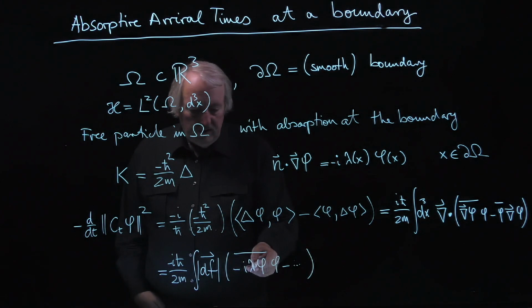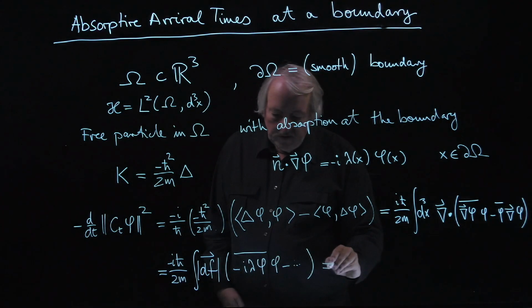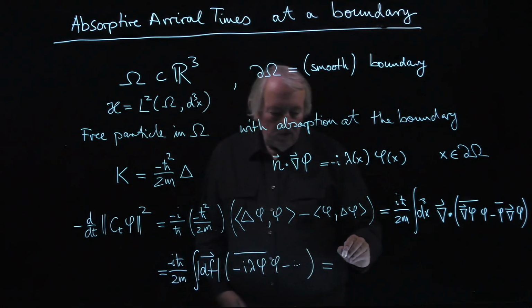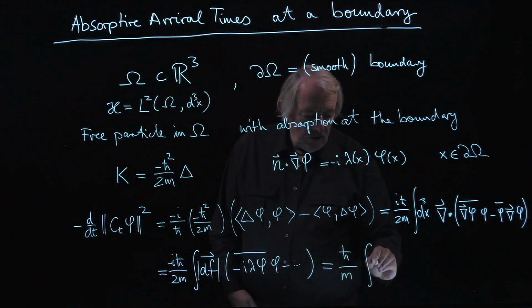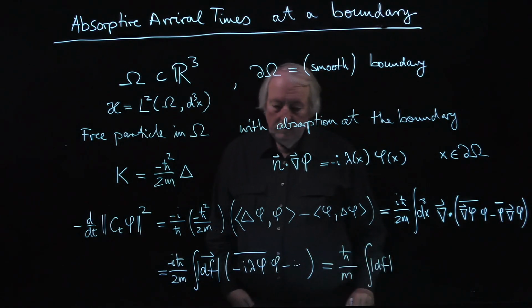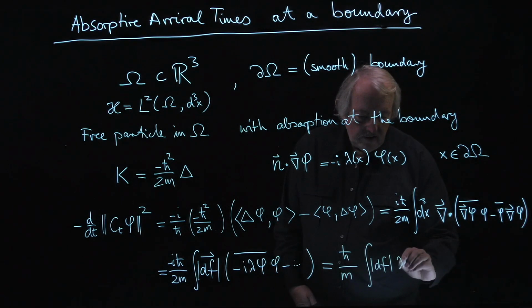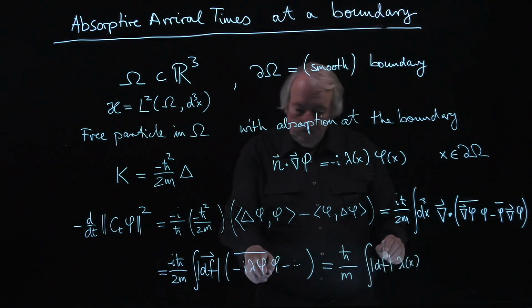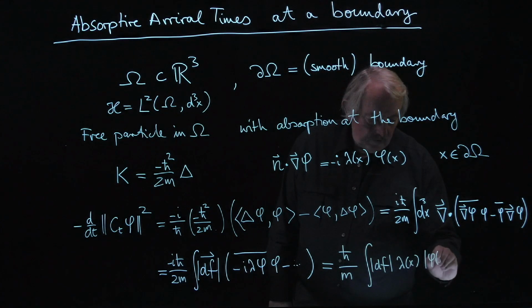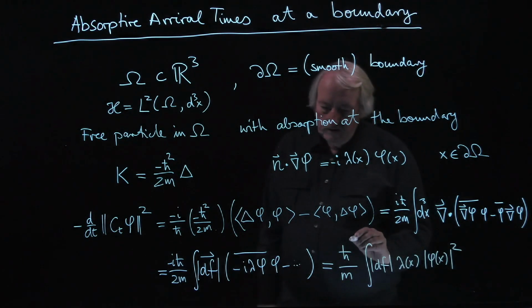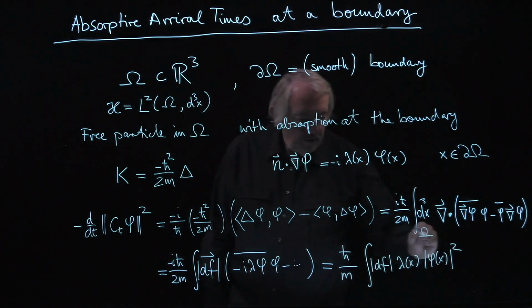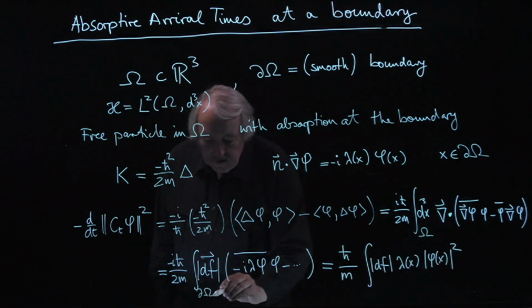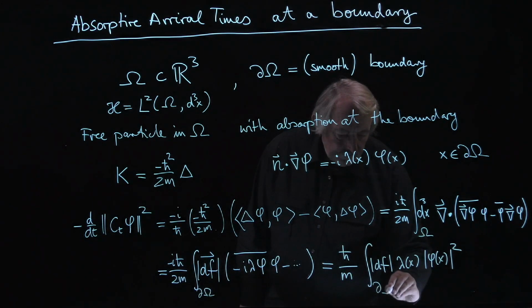They cancel, so we get the lambda. And actually we have two equal terms that cancel the 2 here. So we get h bar over m. The integral over just the scalar surface element times the function lambda of x times what is left here, which is phi absolute squared. And this is an integral over the boundary, right? So here, this is an integral over omega, and this is an integral over the boundary.